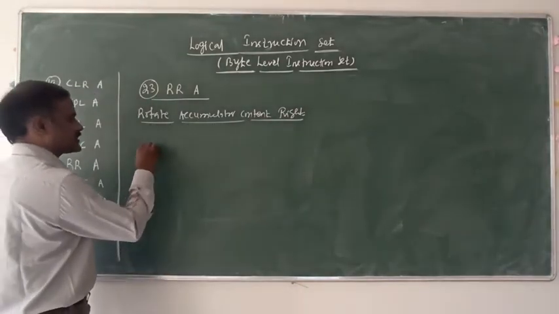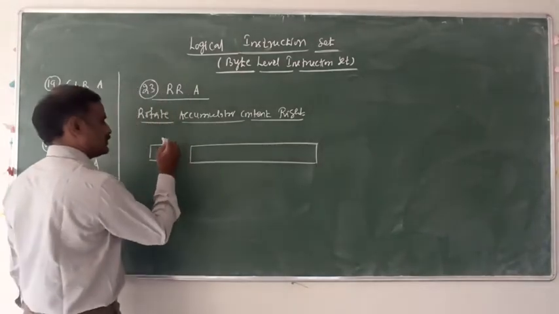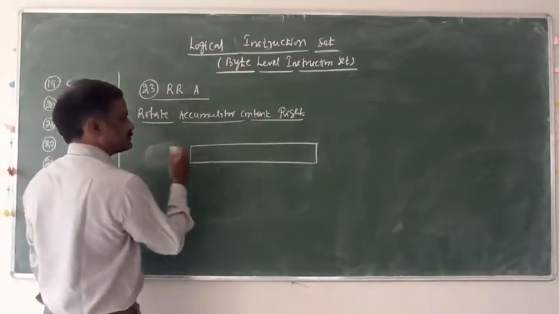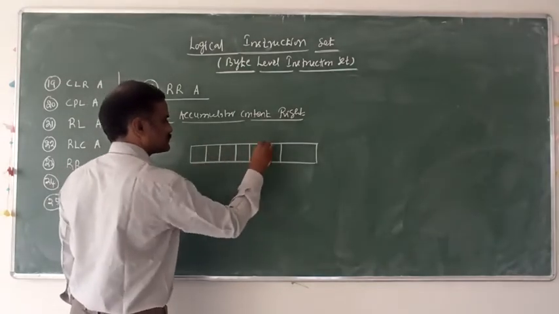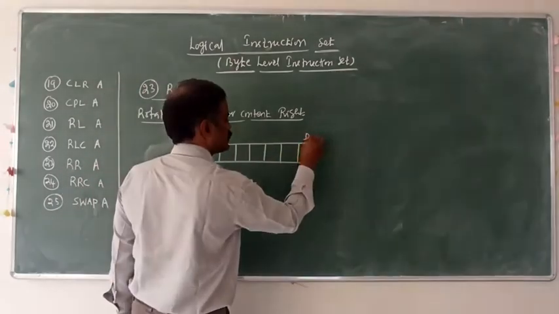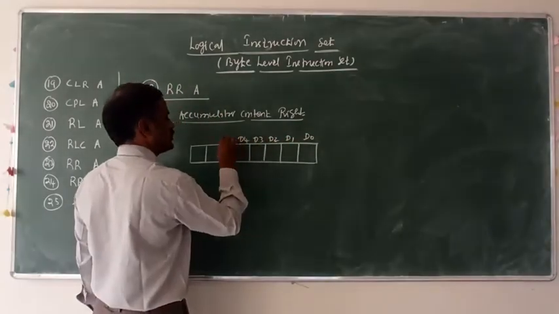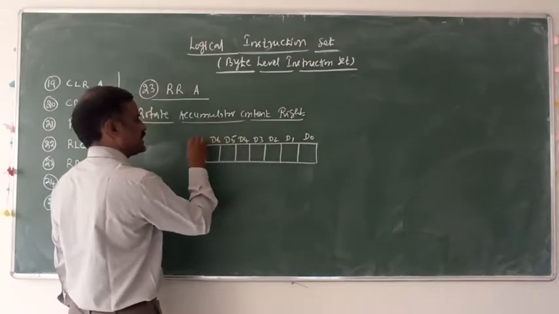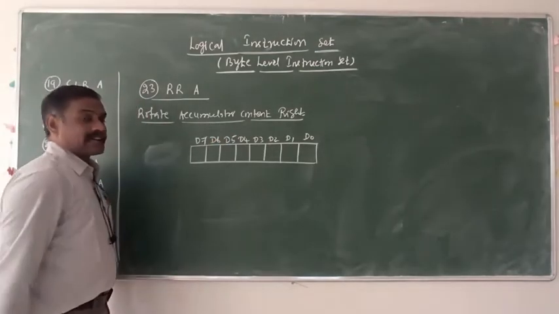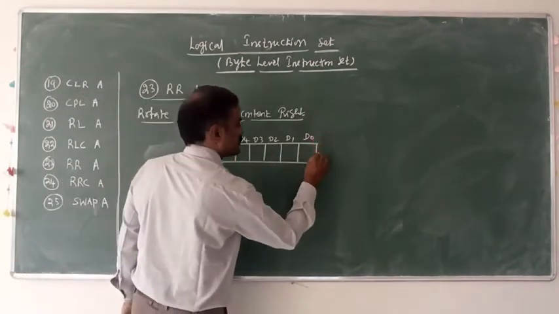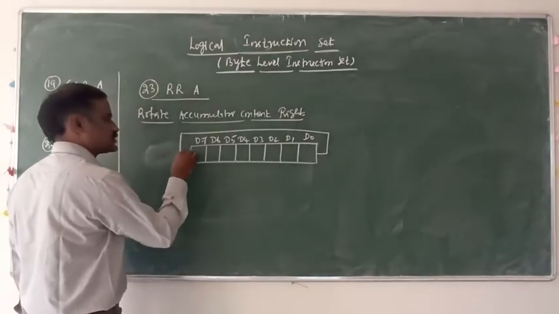Here the bit position: this is for D0 position, D1, D2, D3, D4, D5, D6 and D7 data. Here rotate accumulator content right. Right means the D0 bit data moves to D7 position.